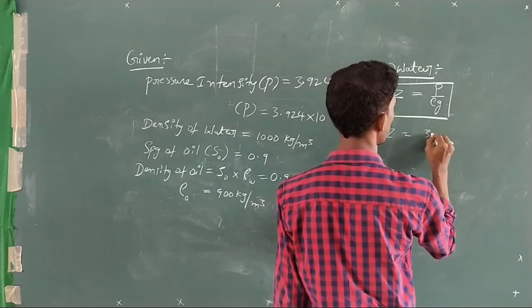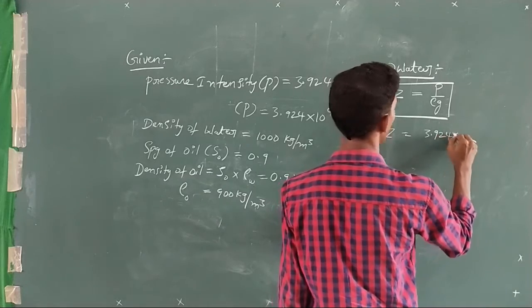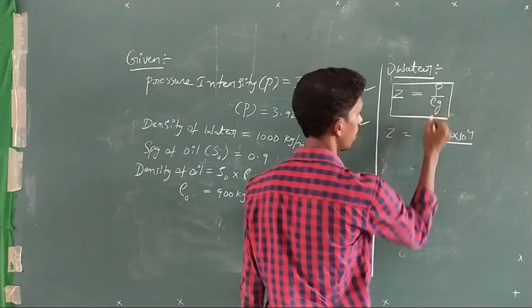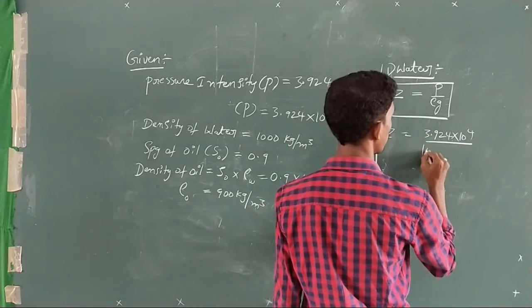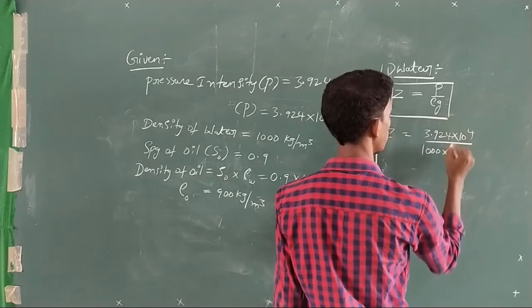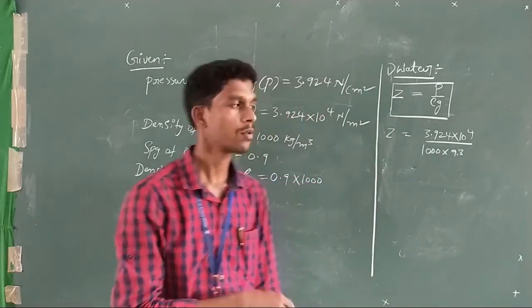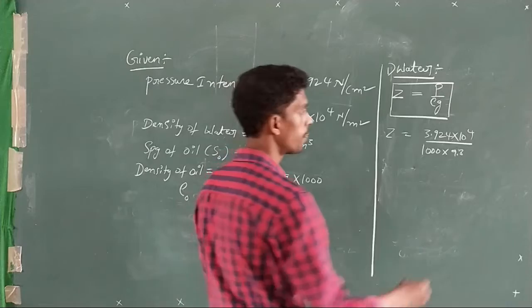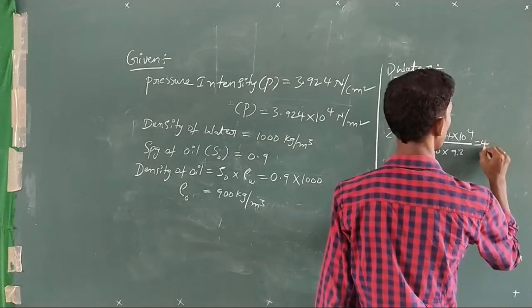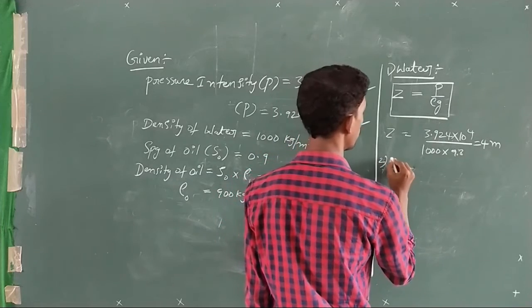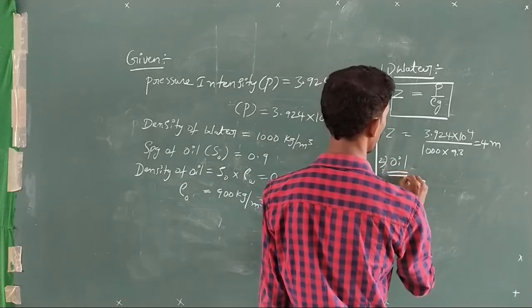What about the pressure intensity? 3.924 into 10 power 4 by, what about the density of water? 1000 into 9.8, right? So what is the value of Z there? It is 4 meters, right? It is 4 meters.